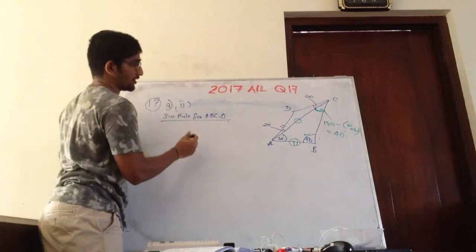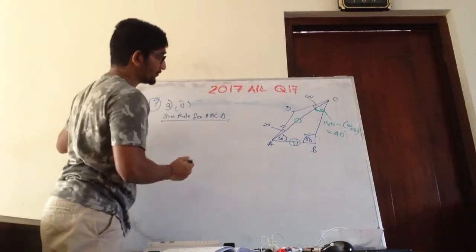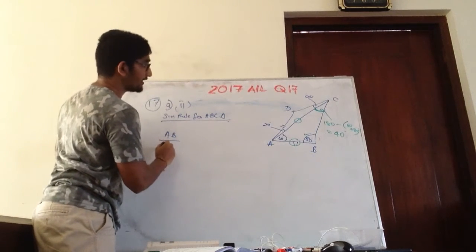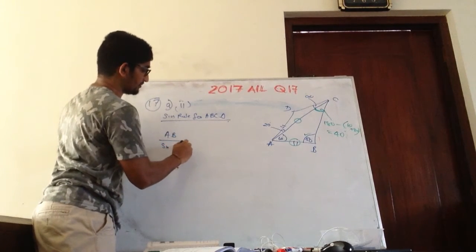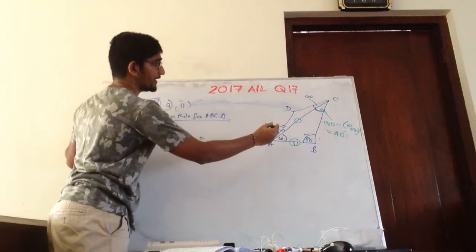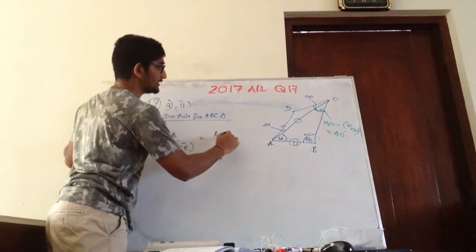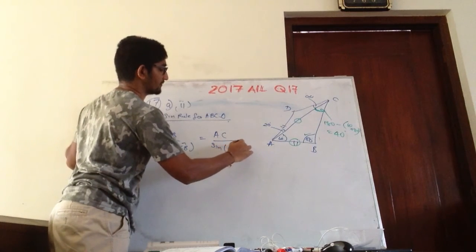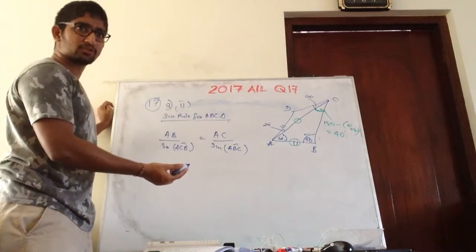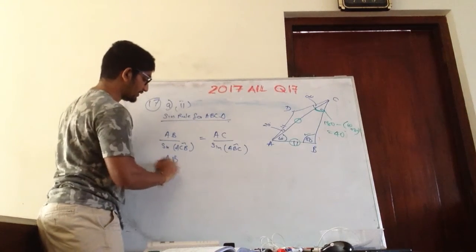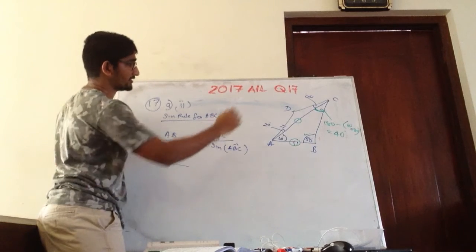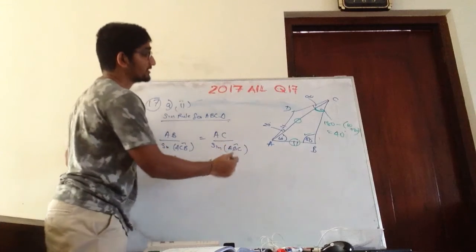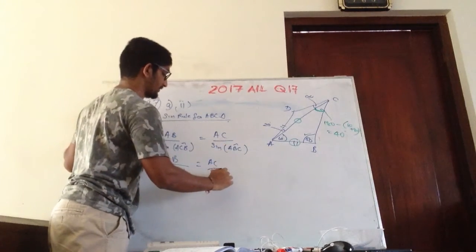So I'm going to take the ratio of AB divided by sine ACB, then AC divided by sine ABC. This is the sine rule. What is ACB? ACB is 40, so sine 40. What is ABC? That is 80, sine 80.